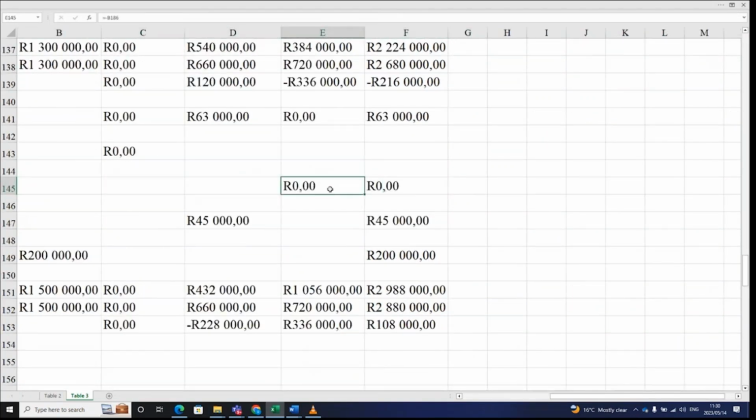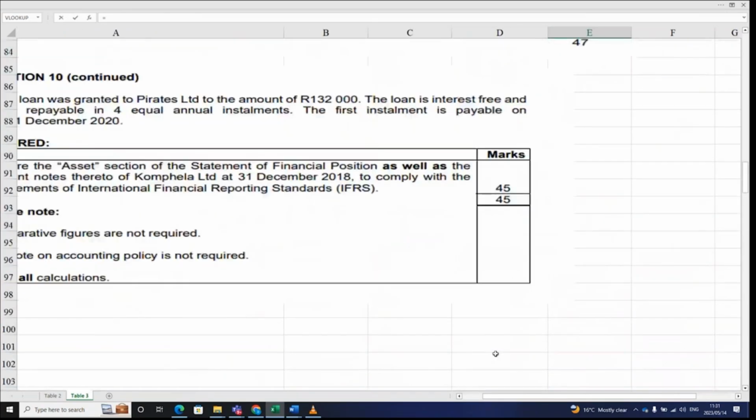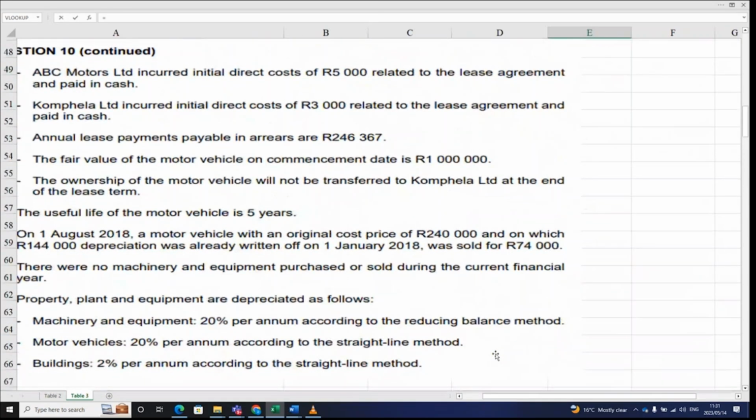All right. We know that the cost of this asset was 240,000. Okay. Then accumulated depreciation was 144,000. Okay.